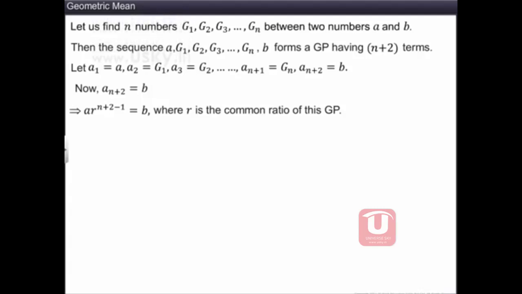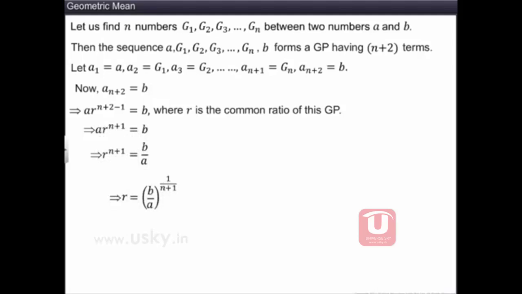This implies that the common ratio r is equal to b upon a whole raised to the power of 1 upon n plus 1. Now, let us find the numbers g1, g2, g3 and so on one by one.